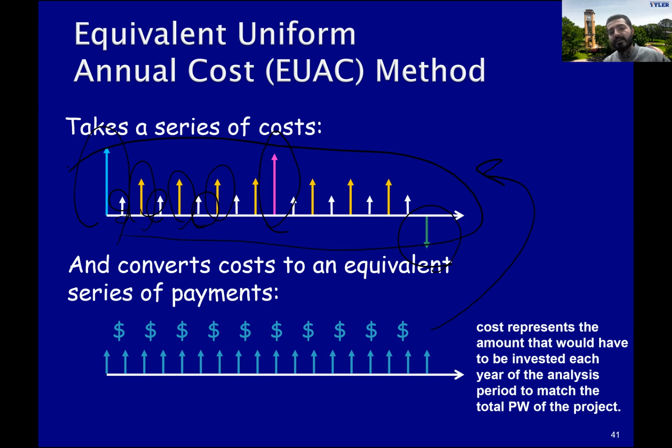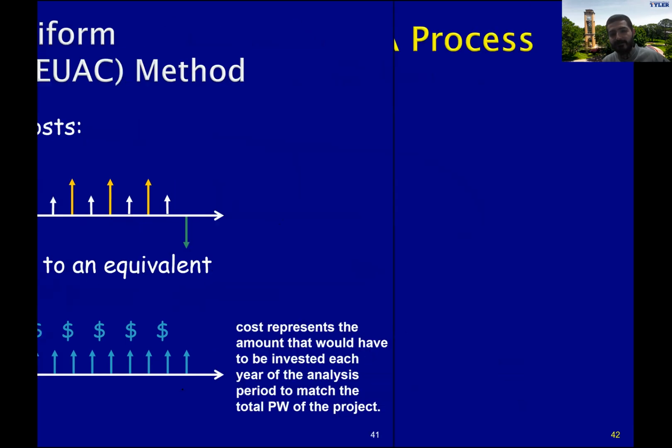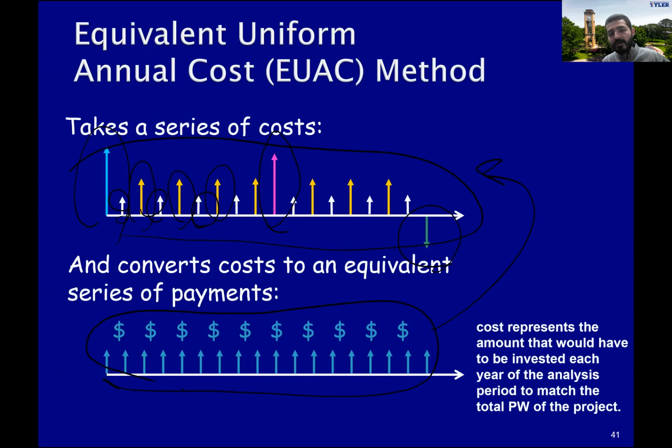The costs here represent the amount that would have to be invested in each year of the analysis period to match the total present worth of the project. So for the EUAC, you first do the present worth. You bring all the costs to the present worth, and then you divide them by how many years.